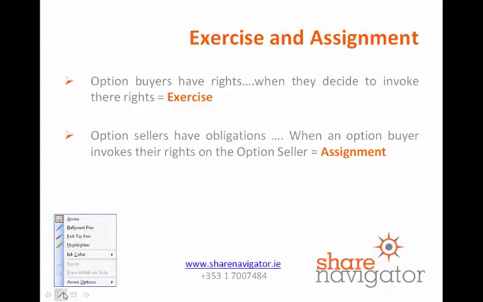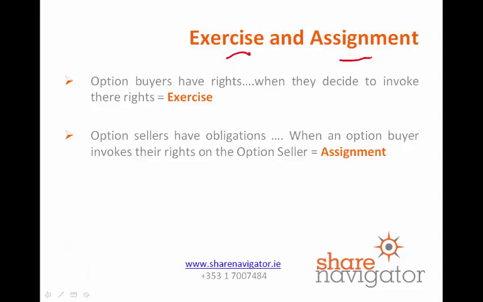So just be aware now of two key terms. One is called exercise and one is called assignment. If you think about it, option buyers have rights, and when they decide to invoke their rights, they exercise. So for example, if you buy a call option on Apple and in 2 weeks time you decide, okay, I want to actually go and buy the shares at the option price we agreed, that's known as exercise.